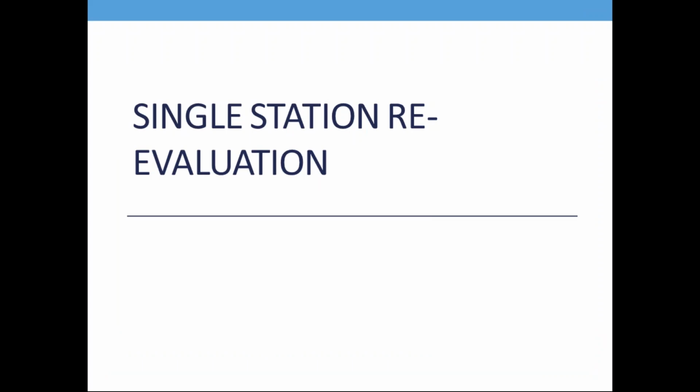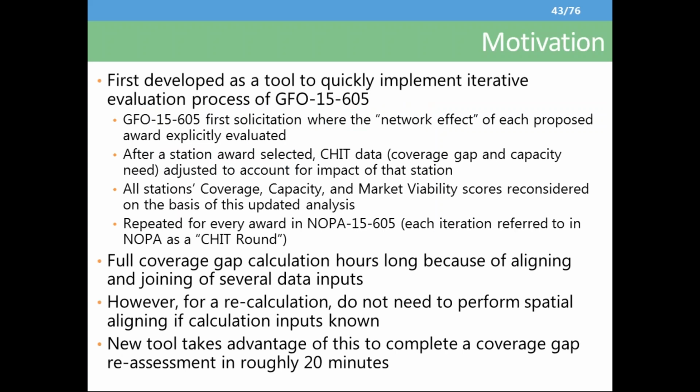And then the next new capability that's kind of a usability issue is also the single station reevaluation. We really developed this for GFO 15605, so really this was first for our own use. Basically, 15605 was the first solicitation through the Energy Commission that looked at the network effect of each proposed award.